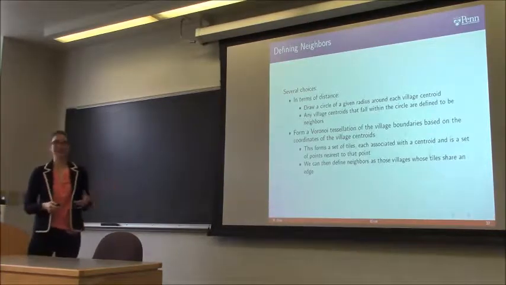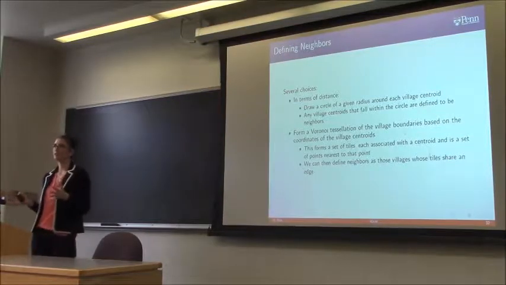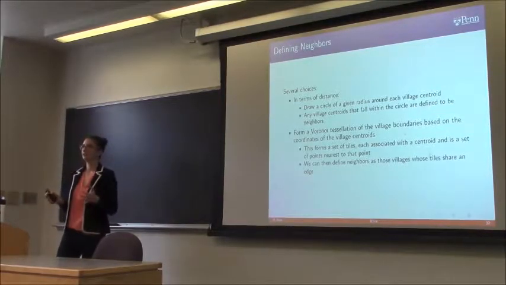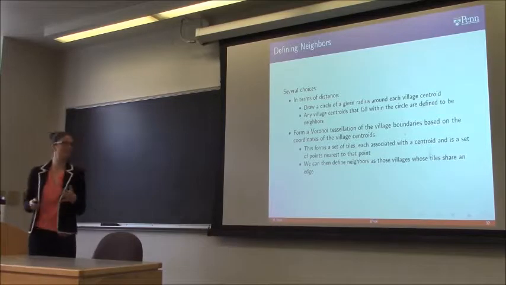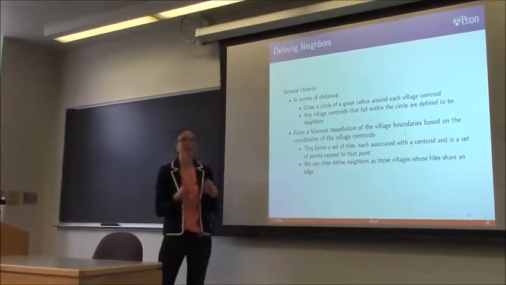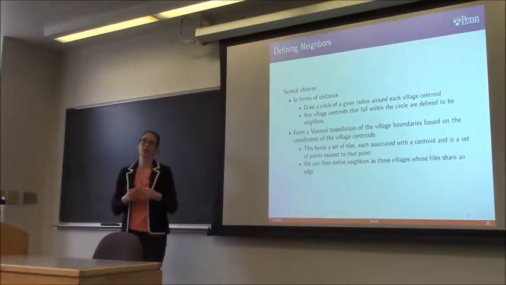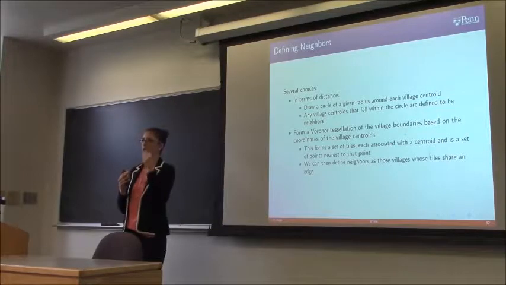So another way is to actually form a Voronoi tessellation. Do you guys know what a tessellation is? I see some sort of shakes, some sort of nods. Okay, so basically what it does is it takes a set of points and forms a set of tiles based on which points fall closest to your target points.